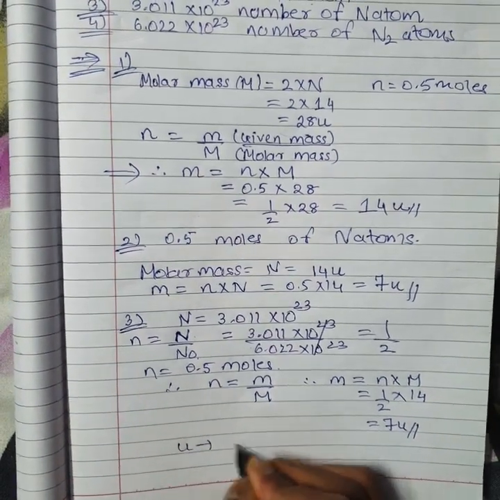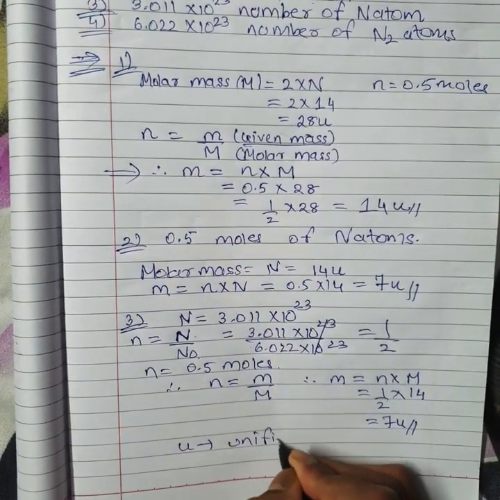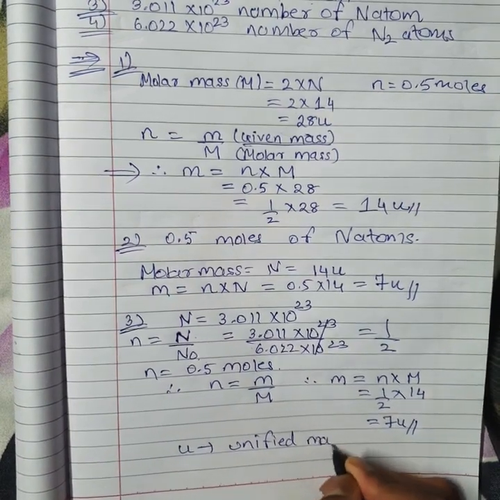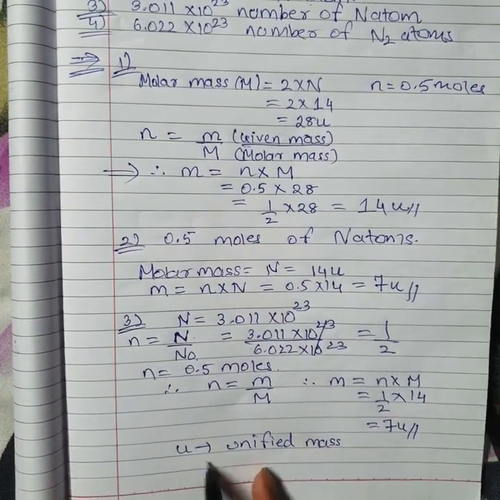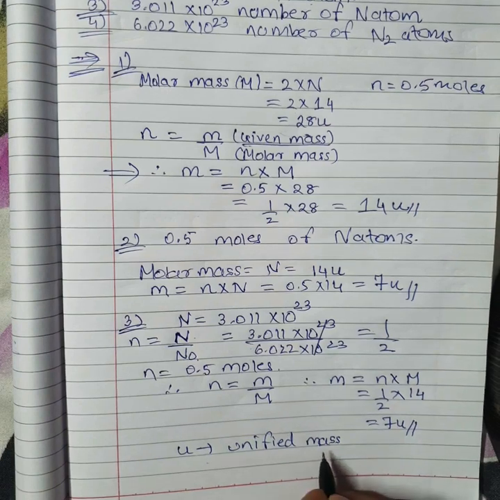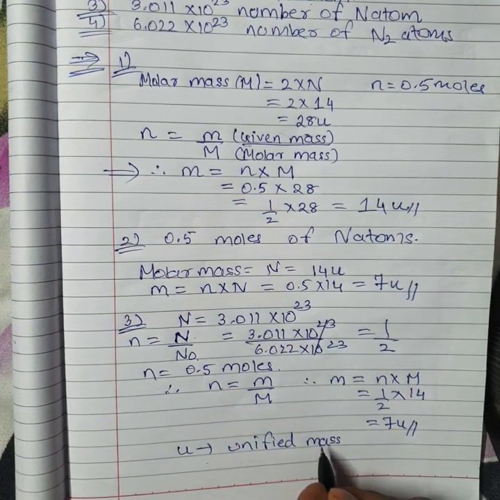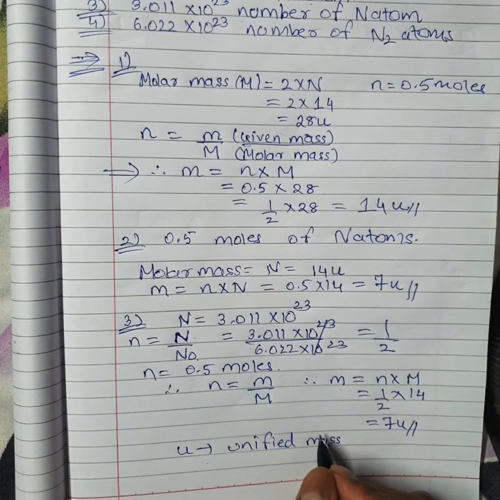Here u indicates unified mass. In this way you can also calculate for the fourth, where 6.022 into 10 raised to 23 nitrogen atoms are given, and find how much mass will be present there.